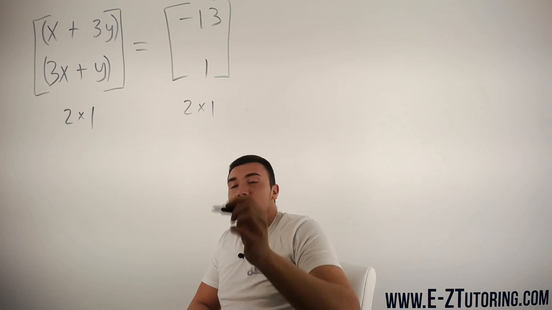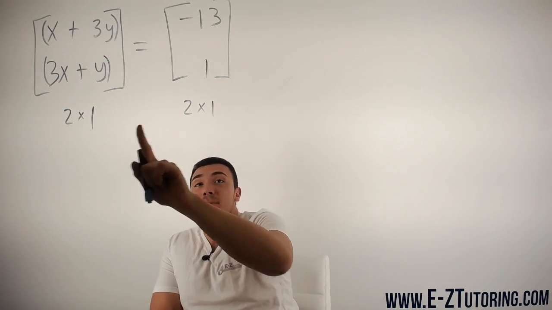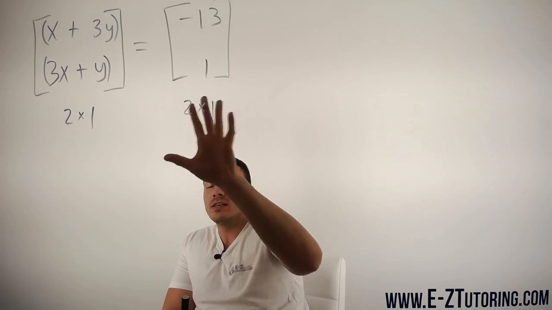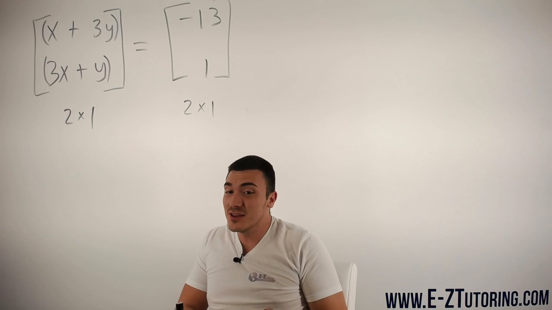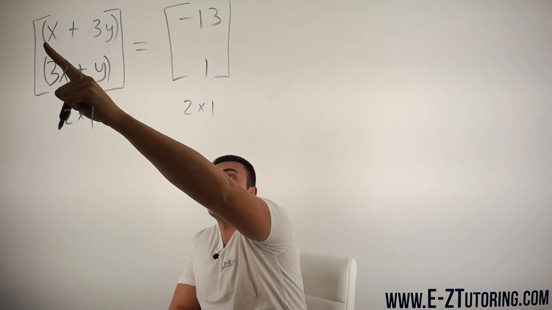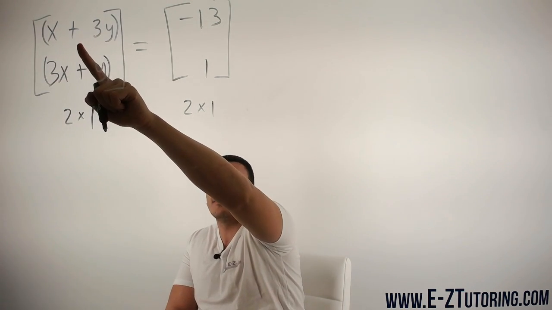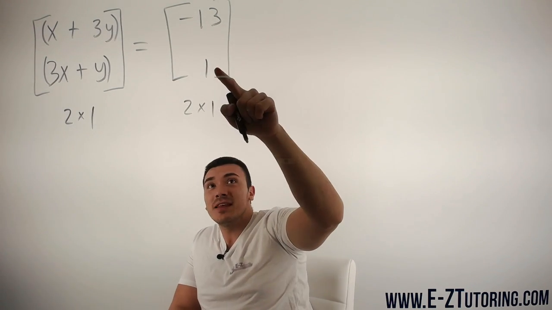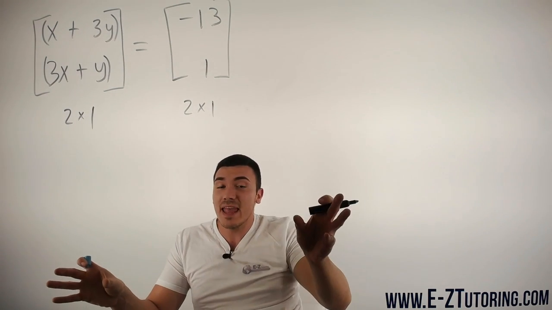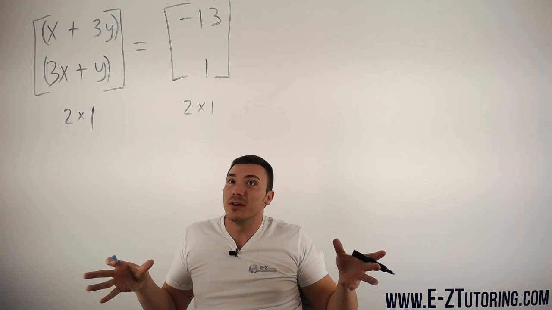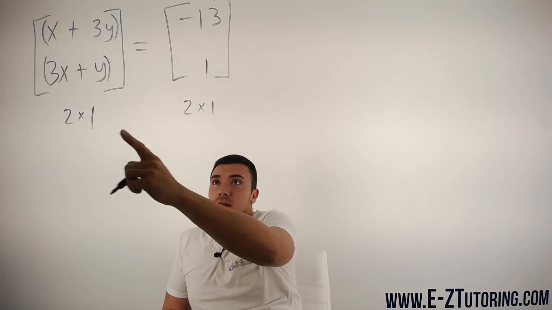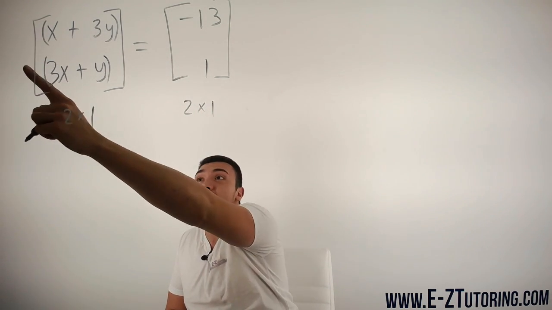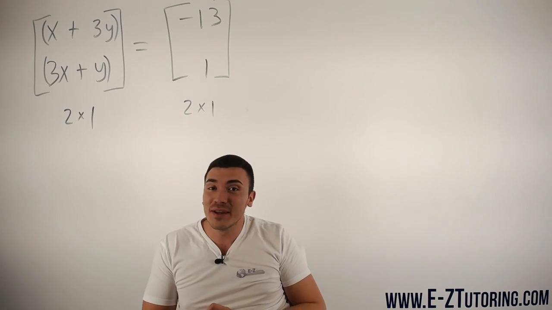So whenever the dimensions are equal and the matrices have the same dimensions, what you can do is simply set this element equal to this element of the matrix and this element equal to this element. So corresponding elements will be equal when your dimensions are the same and there's nothing else being multiplied in the front.